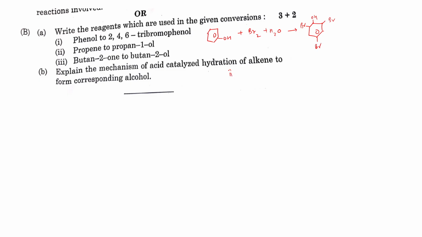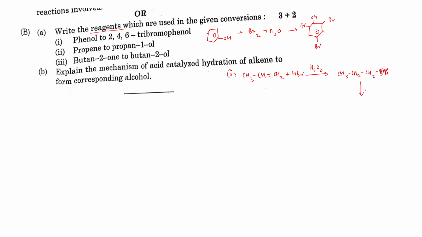Second, propene to propan-1-ol. You just have to write the reagent. Propene is CH3CH=CH2. Carry out anti-Markovnikov addition in presence of H2O2, which results in 1-bromopropane.